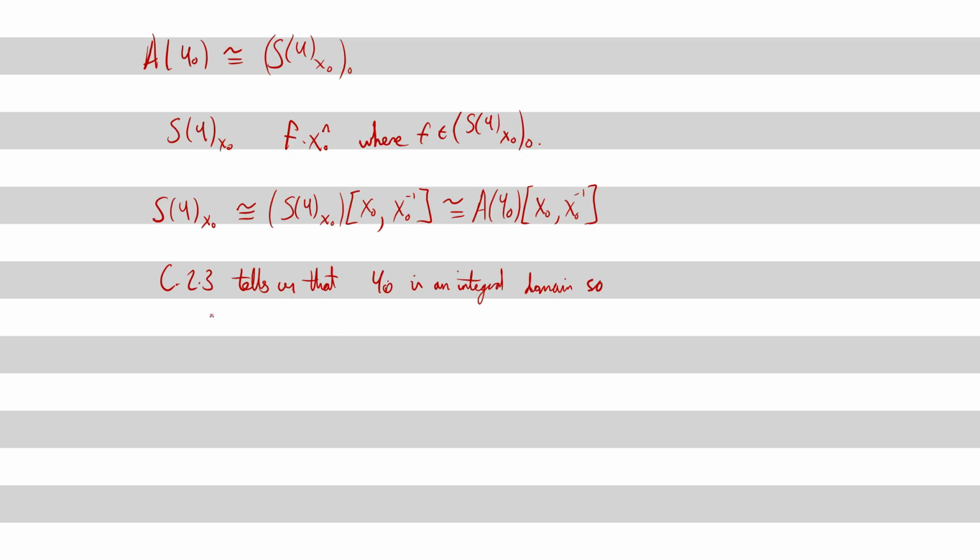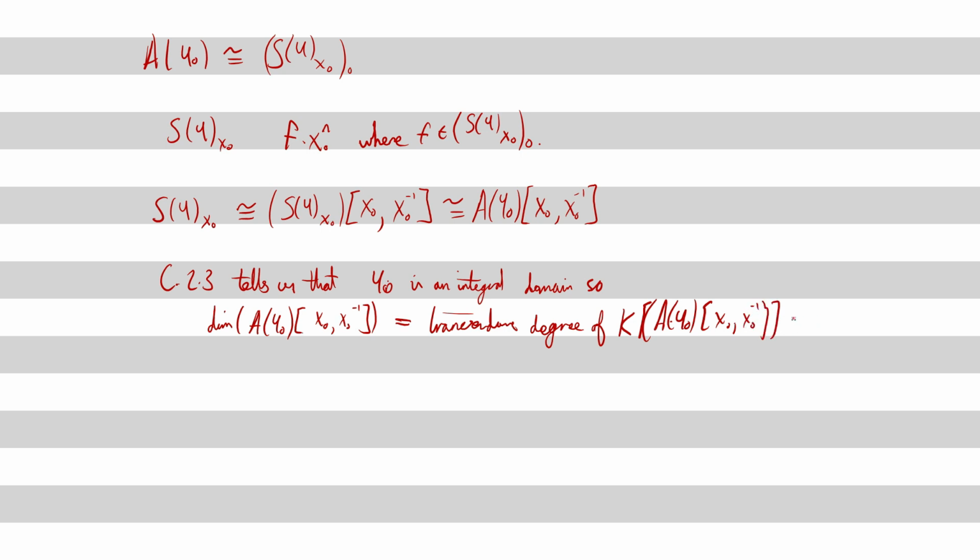So the dimension of A(Y0) adjoin x0, x0 to the minus 1 is equal to the transcendence degree of k(A(Y0) adjoin x0, x0 to the minus 1) over our field.